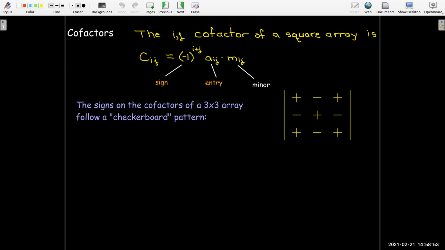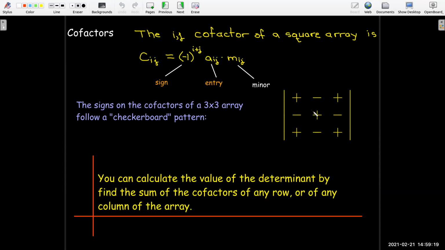Note that the signs are going to follow a checkerboard pattern for a 3x3 array. So in the 1,1 location, 1 plus 1 is 2, an even number, so it'll be positive. But then as you add 1, you'll get an odd, so it's negative, then positive, and so on throughout the rows and columns.